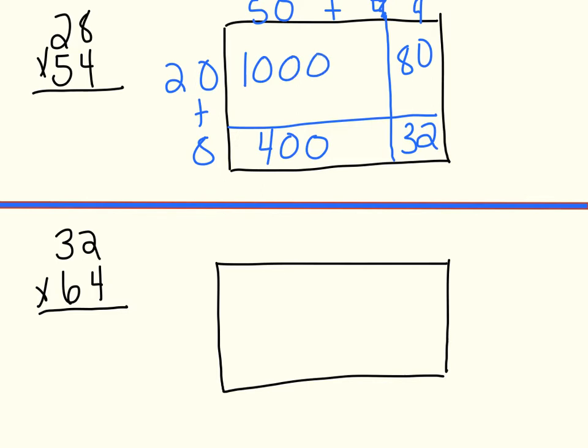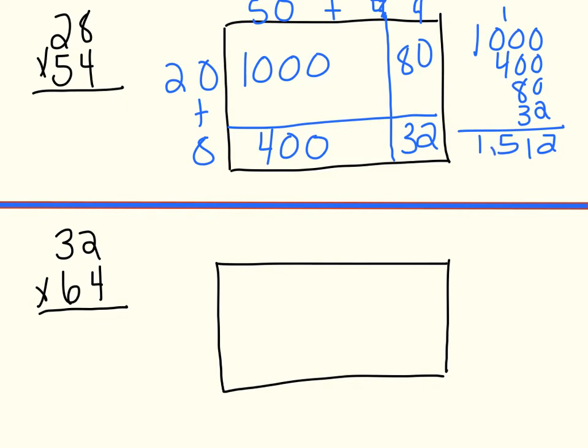So I end up with these partial products. I can add them together, 1,000 plus 400 plus 80 and 32, and the final product would be 1,512.